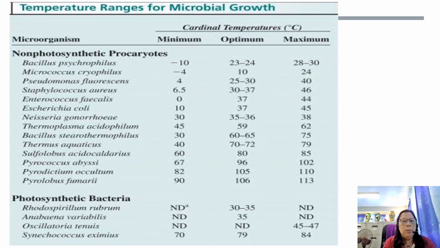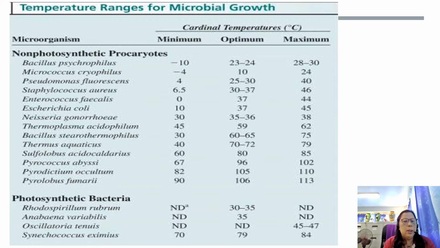So these are examples of microorganisms according to temperature and according to the presence of light. At minimum temperature, optimum temperature, maximum temperature, these are the list of non-photosynthetic prokaryotes, and these are the photosynthetic prokaryotes.